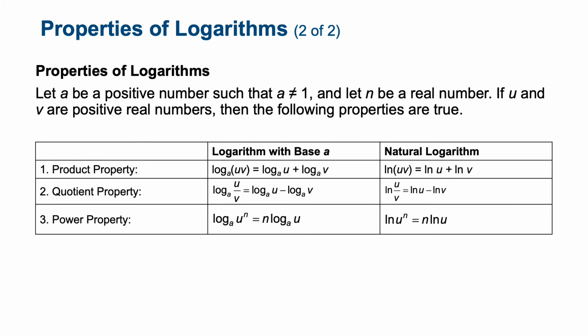We just went over the product property. Here's the same thing for natural log; it's just the same thing, except instead of writing log base a, you write ln. No difference. The quotient property: if you're taking the log of a quotient, log base a of u over v is the same as the difference, log base a of u minus log base a of v. And this is the natural log version.